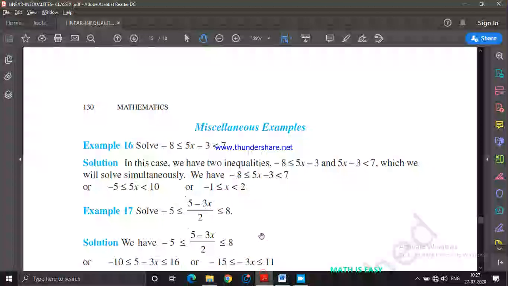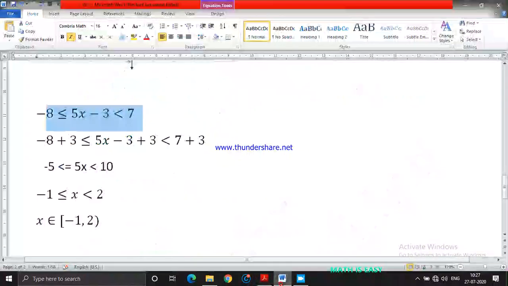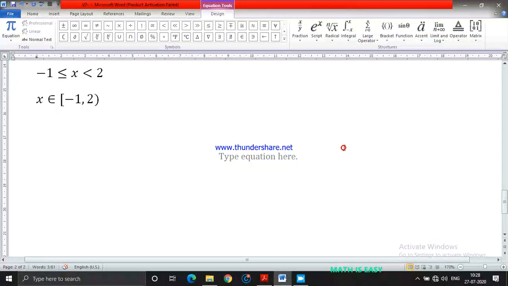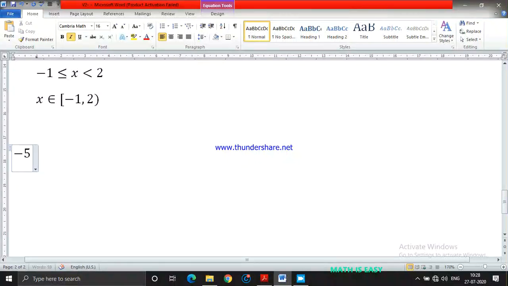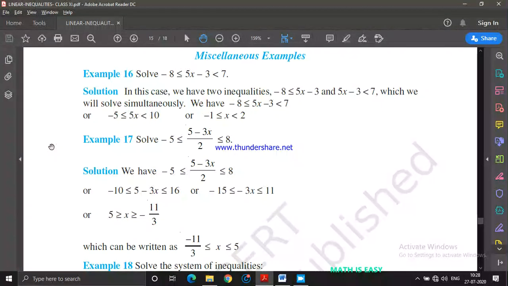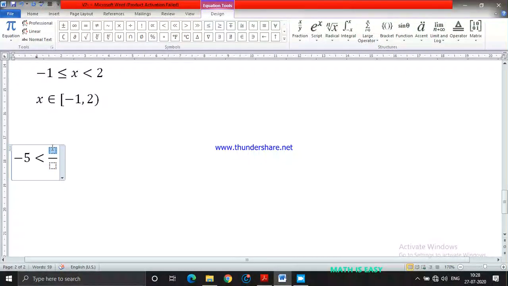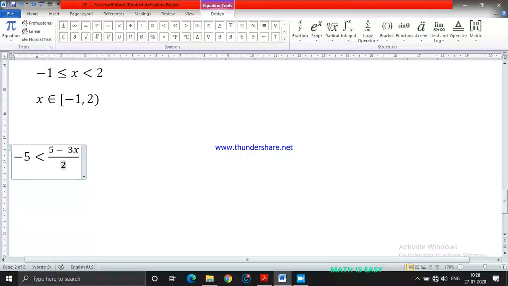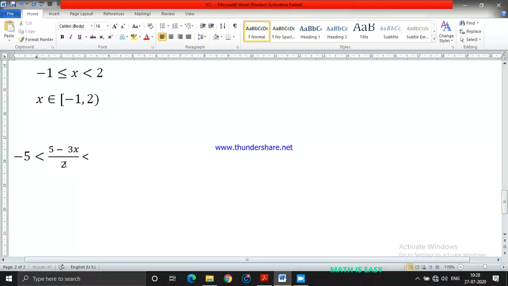Okay, so next question which we have is this one. -5 is less than or equals to (5 minus 3x) upon 2, is less than or equals to 8.